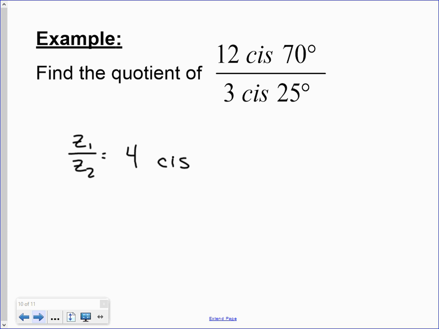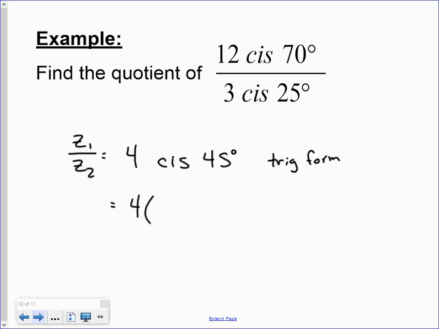Subtract, and always subtract numerator minus denominator, so 70 minus 25 is 45. And then that's trig form, right? Because it's an angle on my unit circle, I'll go ahead and keep going.